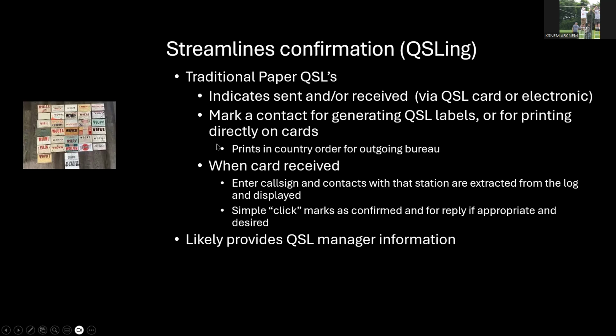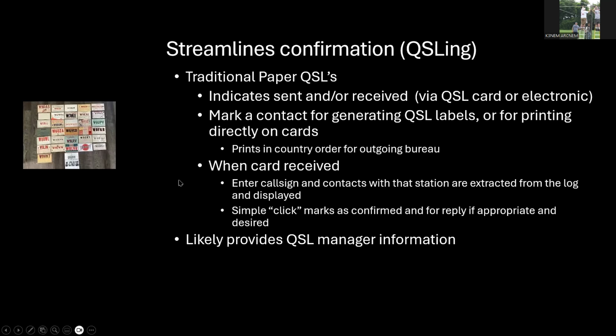Some people print directly on their cards. You can set up your printer so that you print right on your card. And if you're submitting to the outgoing ARRL QSL service, it wants your cards ordered in a specific country order, and the logging program will know how to do that.